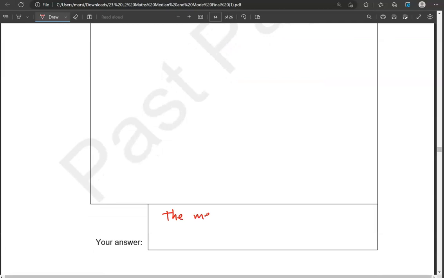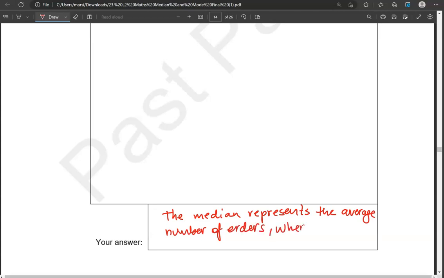So the median represents the average number of orders, whereas the mode is the lowest value.